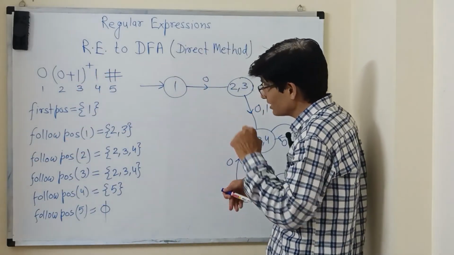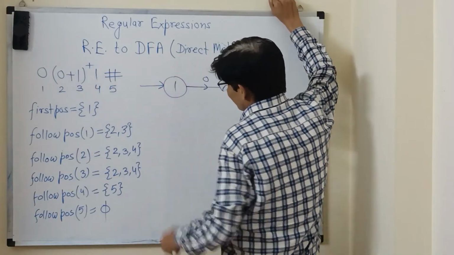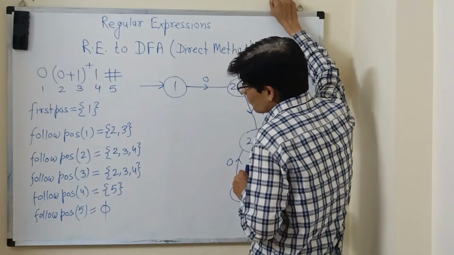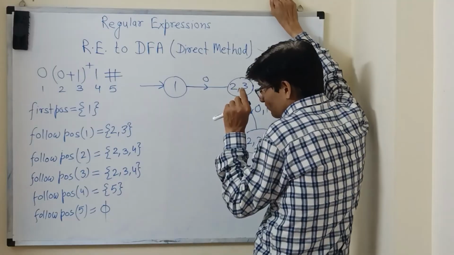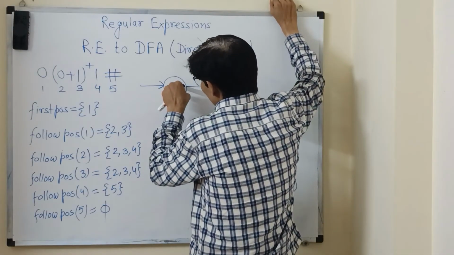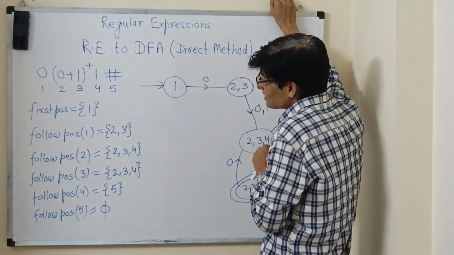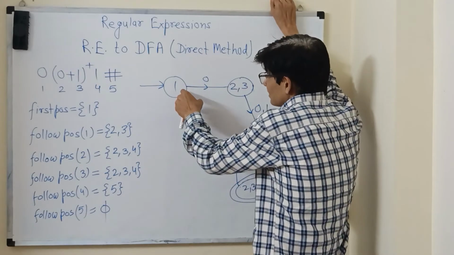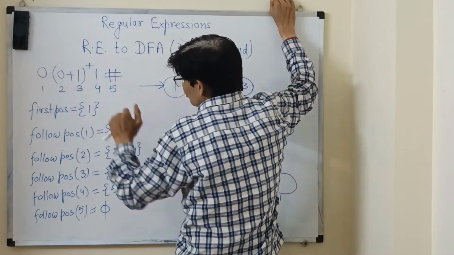Now using all these sets, I have created one DFA for this. As we have only one state and only one symbol in first pos, we have created the initial state with 1 only. Now to see the 0 transition, one number we have assigned to 0.